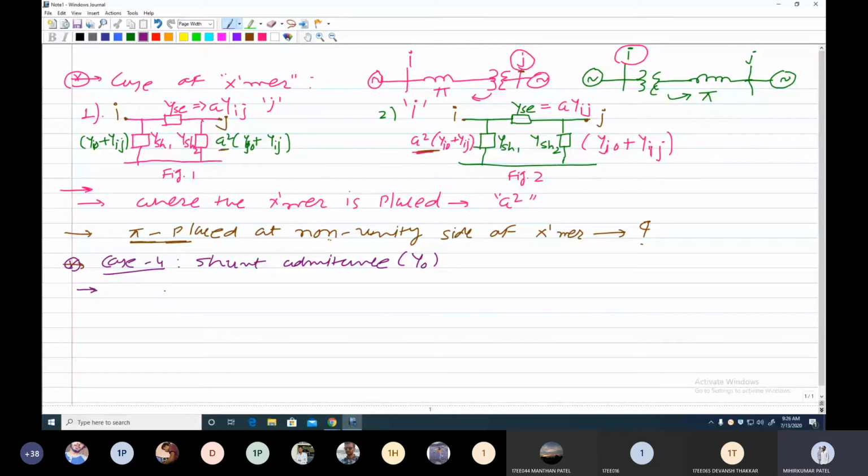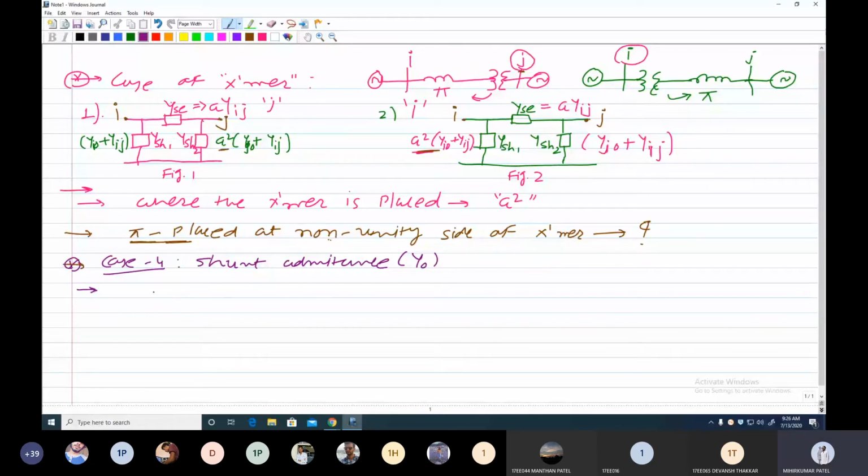But now is the case where the shunt admittance is given to you. Then how will you formulate the Y bus matrix if the shunt admittance is given?